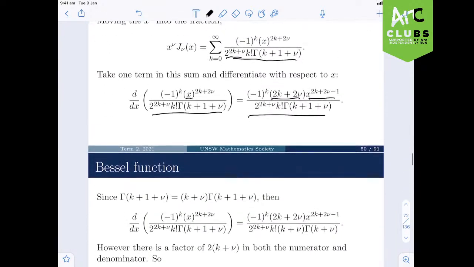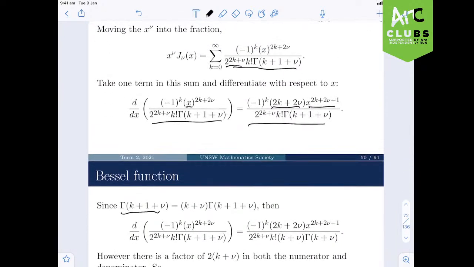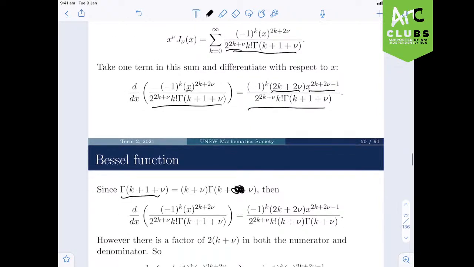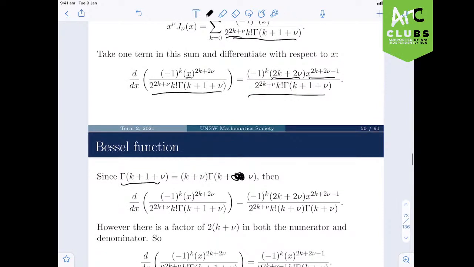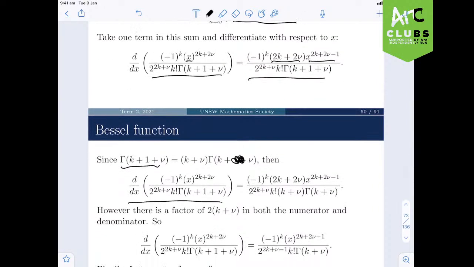And now we use a property of the gamma function, that gamma of k plus 1 plus nu is k plus nu times gamma of, oh, there's a typo, gamma of k plus nu. And so our derivative just becomes this, which is kind of expanding this term out once.